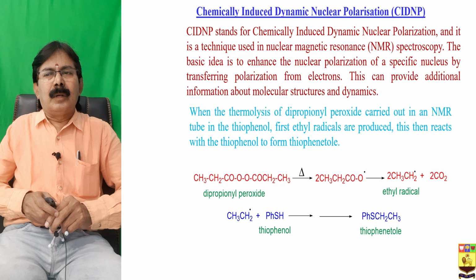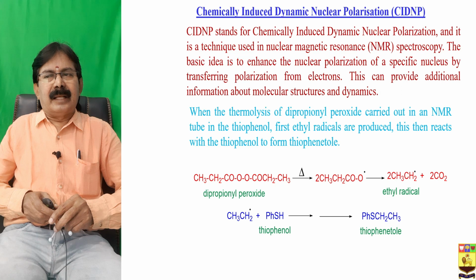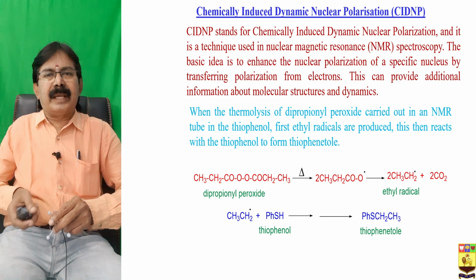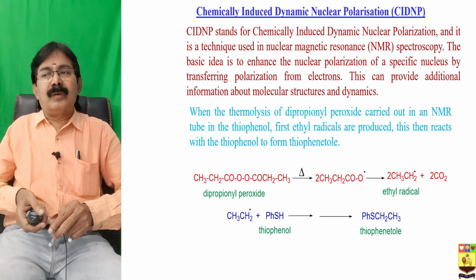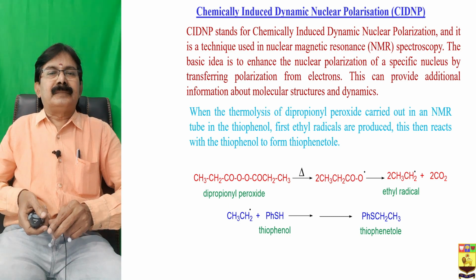Propionyl peroxide thermolysis: on the action of heat, it forms a peroxide radical, the acetyl radical, and it gives an ethyl free radical. This ethyl free radical reacts with the thiophenol to form the product.